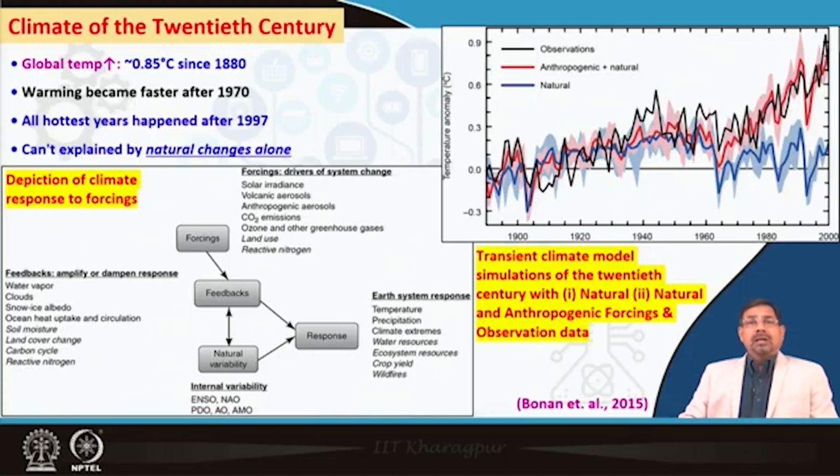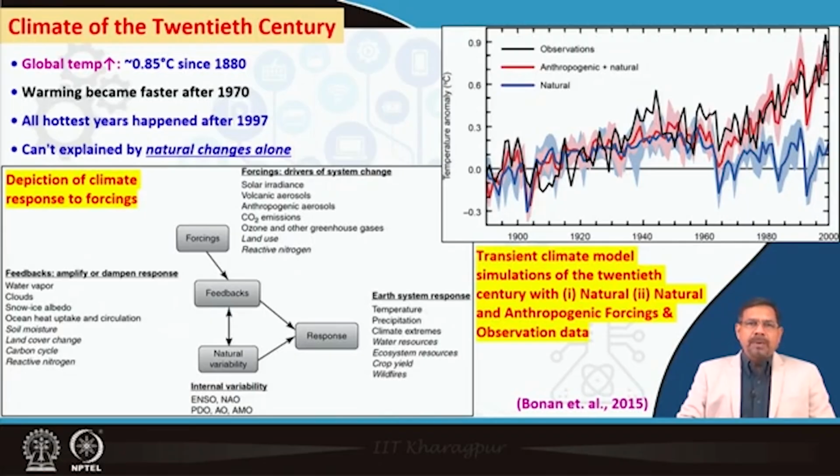Now, let us take a look at the lower left diagram, where we have tried to link the various forcings in terms of the drivers of system change, the feedbacks that amplify or dampen the responses, and the earth system responses.